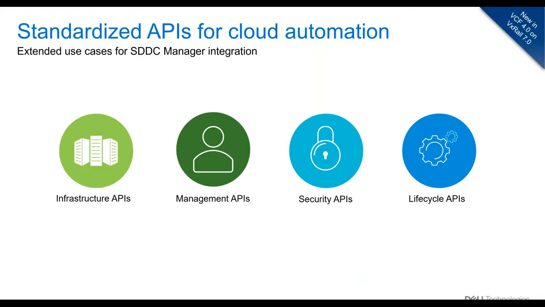Security APIs for things like permissions and password rotations and the like. And then finally, lifecycle APIs, being able to manage update packages and actually apply update bundles across the Cloud Foundation software and VxRail HCI infrastructure using these API calls.